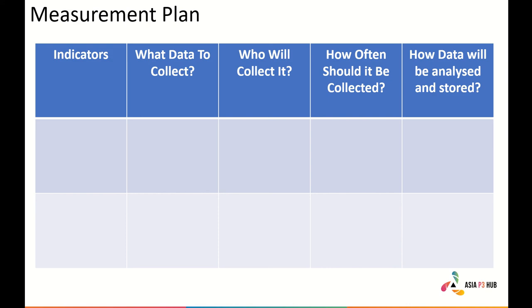So here it is. Now you have already had your indicators, so you need to have your measurement plan in place. It is a framework that will go alongside your theory of change diagram.